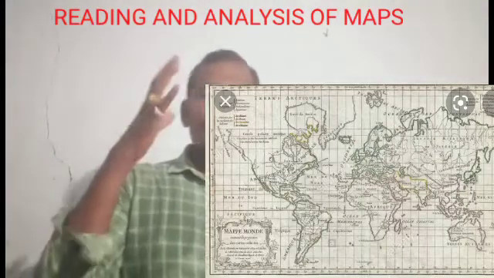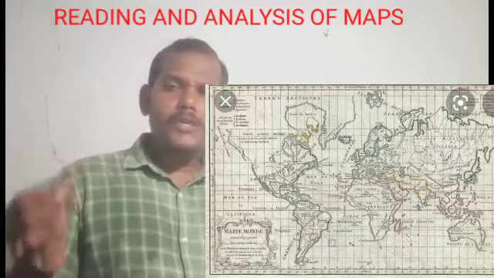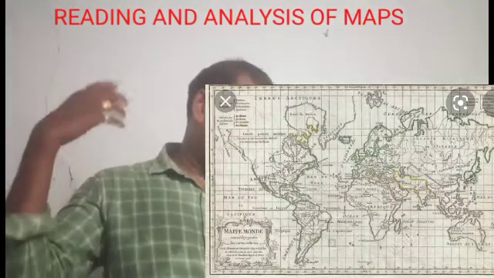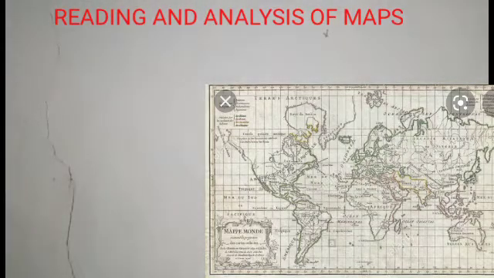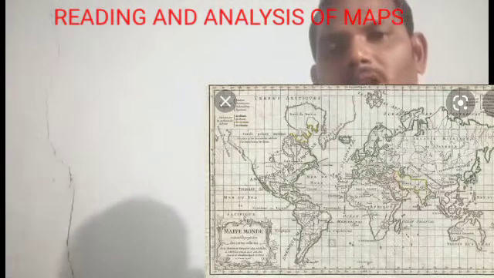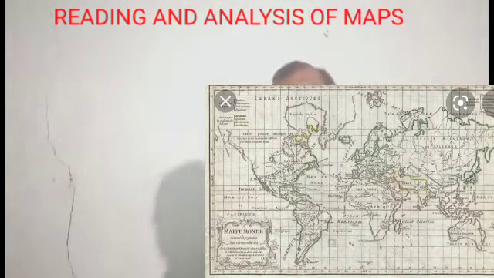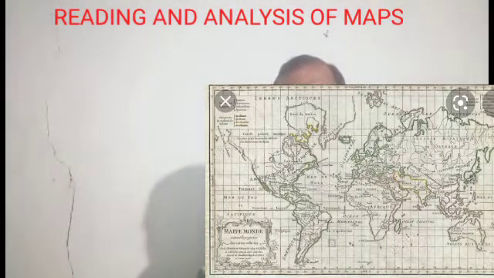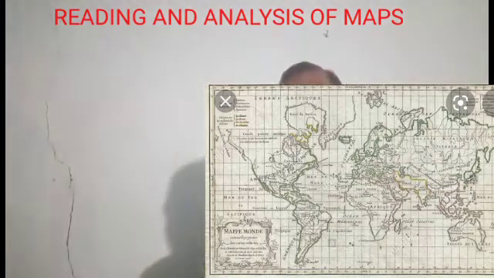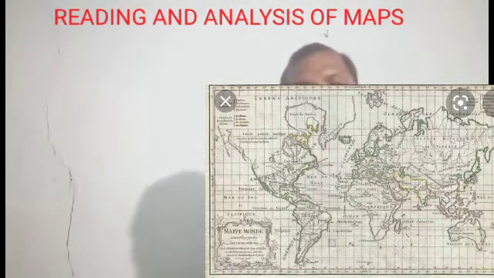Just a small thing here: he showed the actual directions and the shape of the continents. That means where the continents are located, and the shape of the continents, is shown in the map.